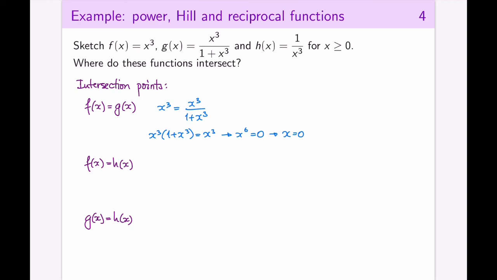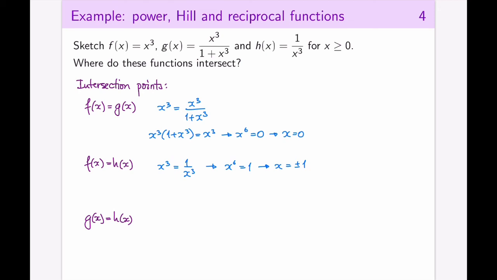Okay, next up I have f of x equal to h of x. So I need to set f of x, which is x cubed, equal to h of x, which is 1 over x cubed. Again, I can think of the left-hand side as being over 1, and then I can simply cross-multiply. So I'm going to get x to the 6th is equal to 1, which produces the solutions that x is plus or minus 1.